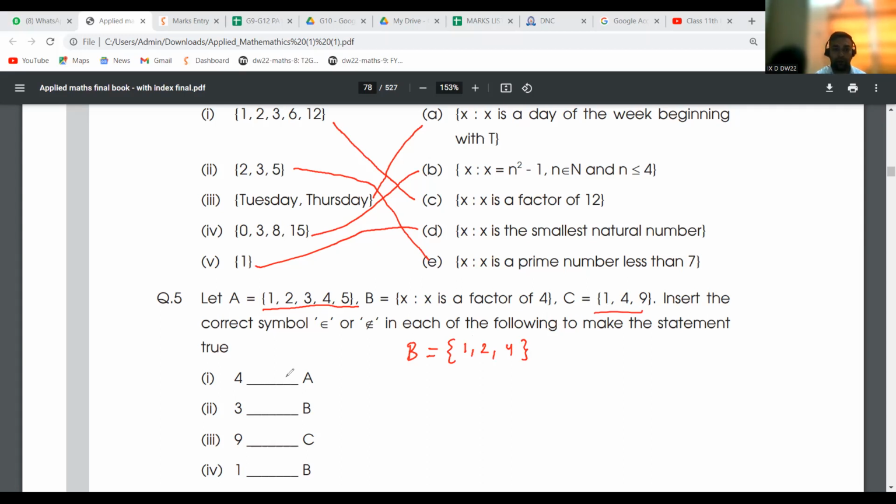So 4 belongs to A? Yes, it belongs, so we will put the symbol here. 3 belongs to B? No, it does not belong to B. 9 belongs to C? Yes, it belongs to C because it is there in C. 1 belongs to B? Yes, it belongs to B. So it will be belongs to. Right. So this is how we can do these questions.